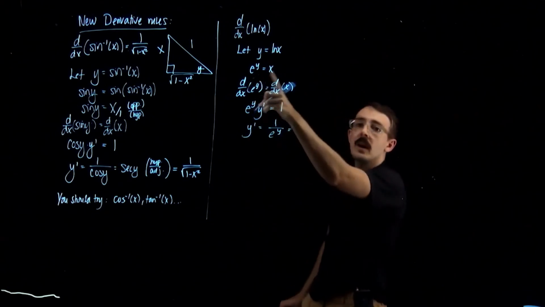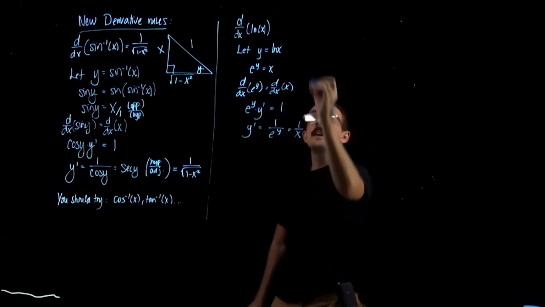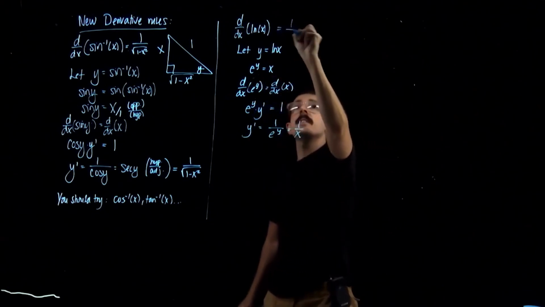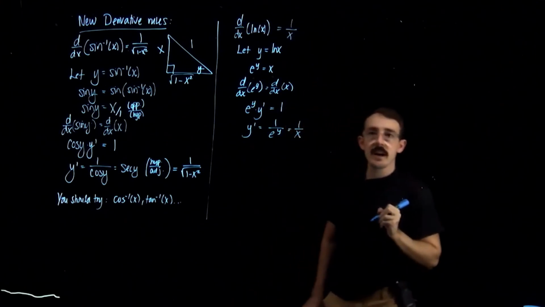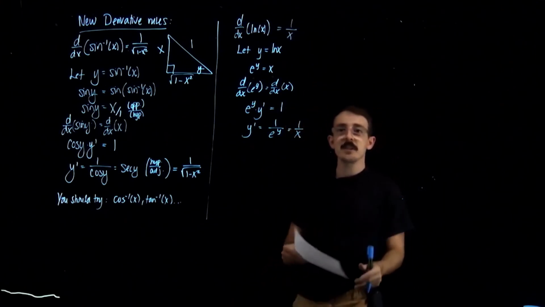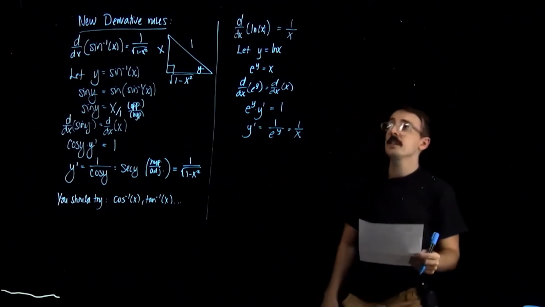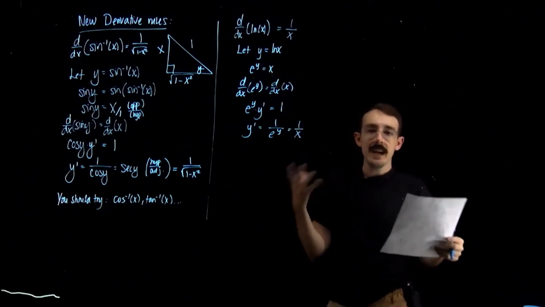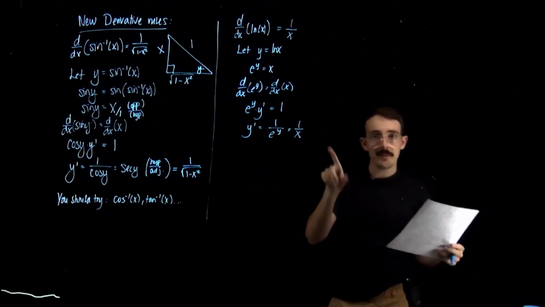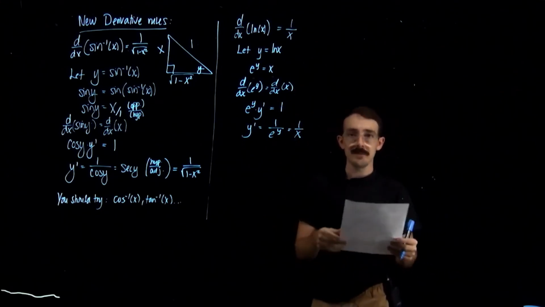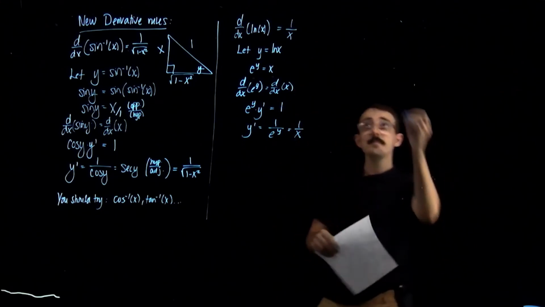However, e to the y is x. So this gives us that the derivative of ln of x is 1 over x using implicit differentiation. Again, a very cool application of this to show a rule that we technically didn't have yet. You might remember it from high school, but we didn't have it until now. That's good to know.